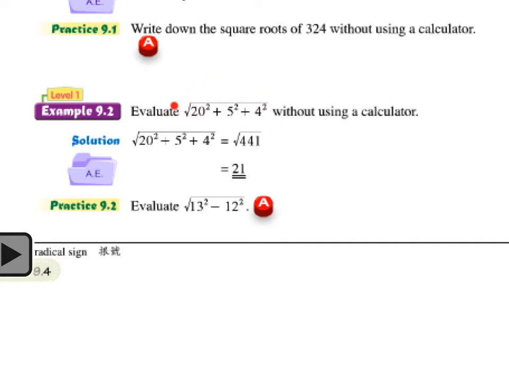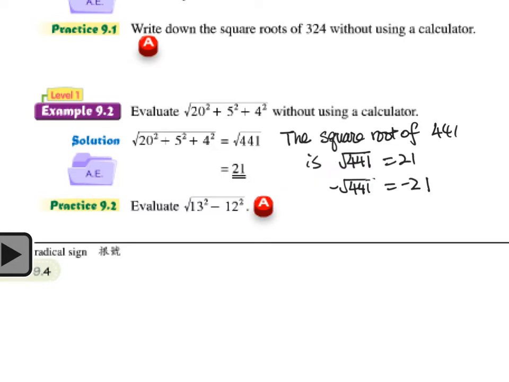And then example 9.2. Evaluate the square root of 20 square plus 5 square plus 4 square. The calculation is very simple. You know it is 441. But wait, why is the answer only 21? Why is there no answer of -21?